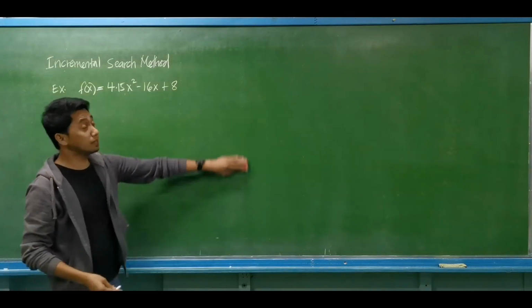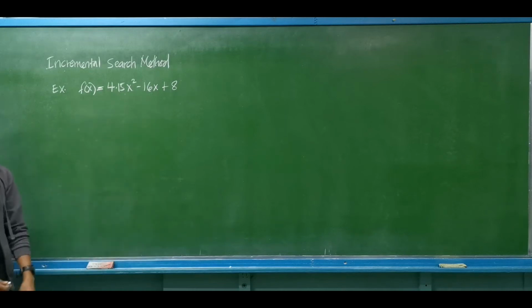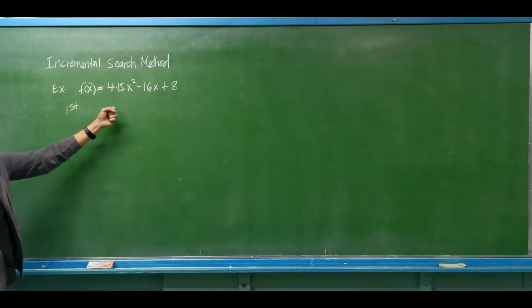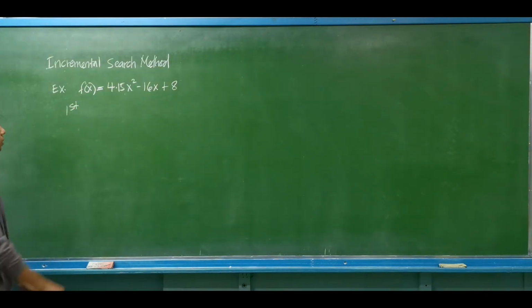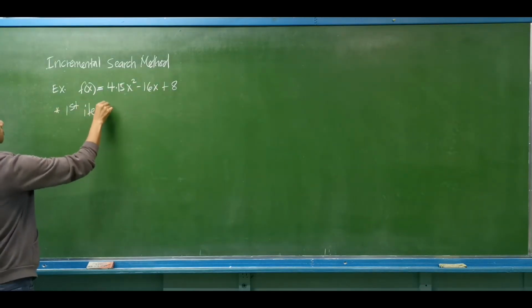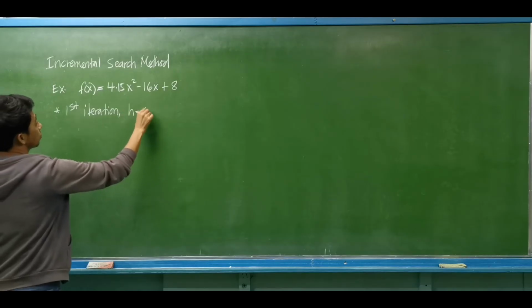Let's have an example of the incremental search method for the function f of x equal to 4.15x squared minus 16x plus 8. First, we determine one root of this function. For the first iteration, let h equal 0.1.